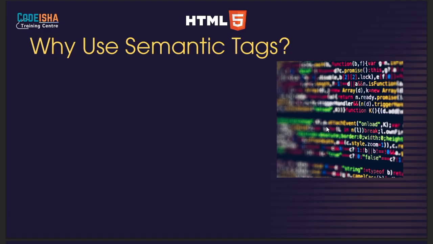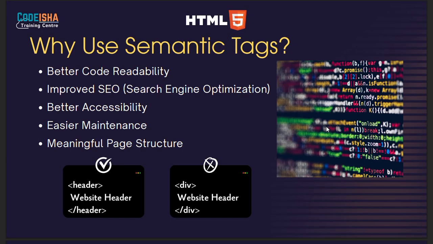And why do we use semantic tags in our HTML? It is for better code readability, it improves search engine optimization, and it gives better accessibility, easier maintenance, and a meaningful page structure.